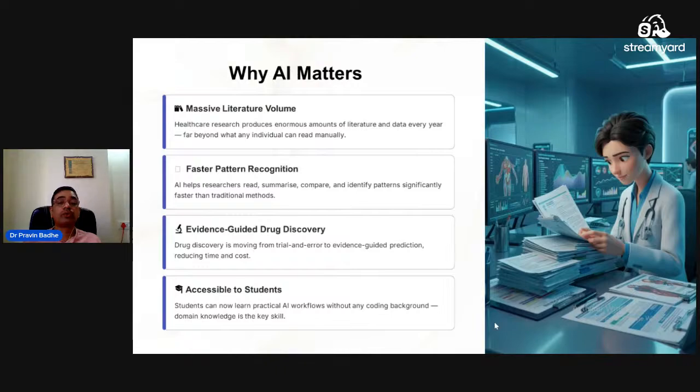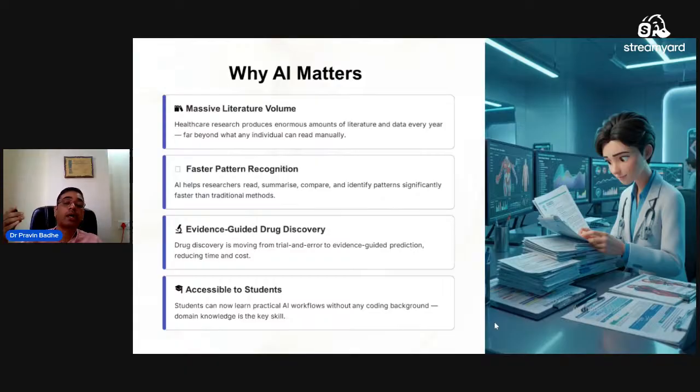Majorly, large volumes of literature and data are coming into the public domain, and keeping on top of that manually is difficult, which AI is helping with. Then the recognition of patterns in that literature is where AI is helping, not only summarizing the content, but even reading, comparing and identifying the patterns in the literature in the specific area that you are working in. You can utilize it for that purpose also.